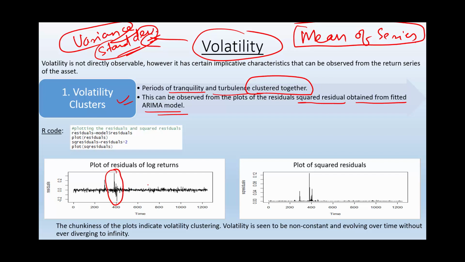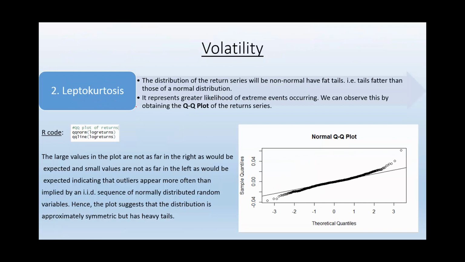That turbulence in the stock market could cause this. When you square it, your negative terms are always going to be positive, so the visualization is better when you square it and plot it.